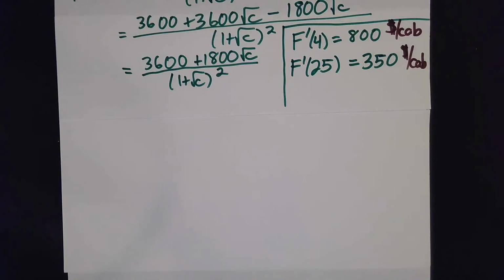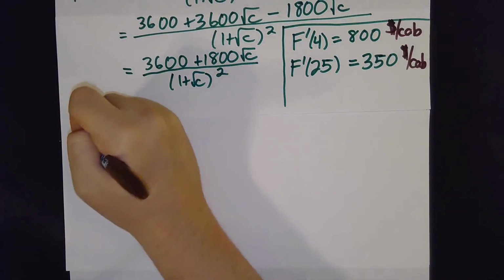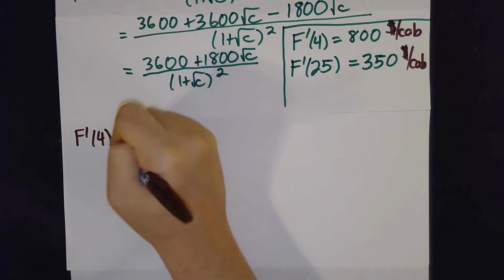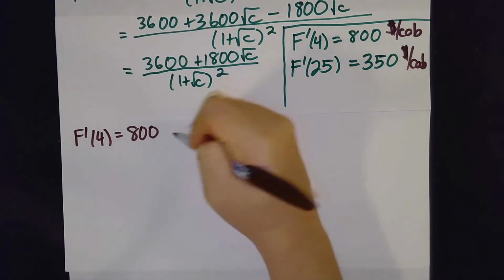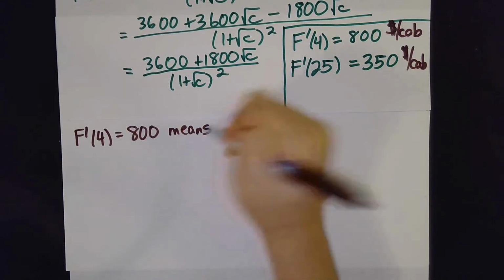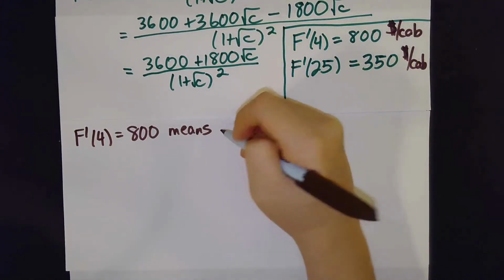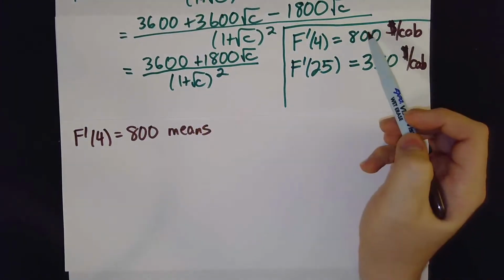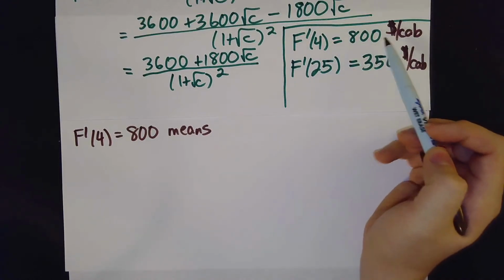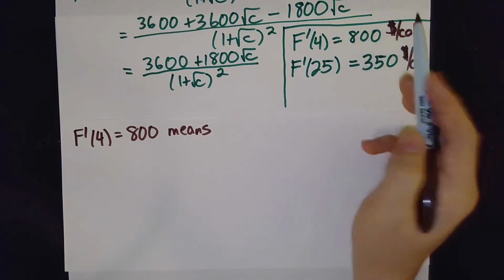And so when you see a statement like f prime of 4 equals 800, what this really means is that the last cab, that is the fourth cab, netted us an extra $800.